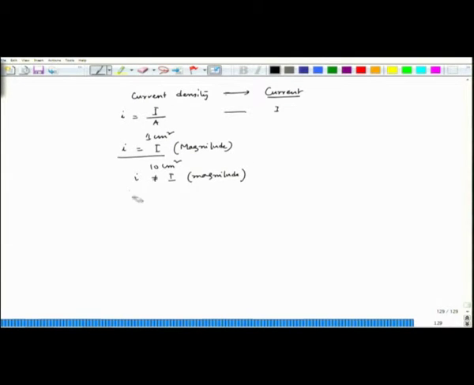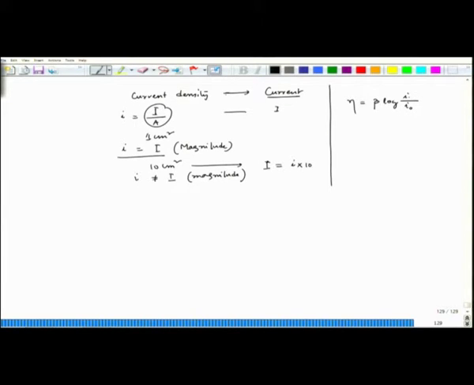because small i would be capital I by A, which is current by area, but when we have 10 centimeter square, then capital I would be equal to i into 10. So, I could see that the current value is changing. Now, if I look at the general Tafel equation, eta equals beta log i by i0.